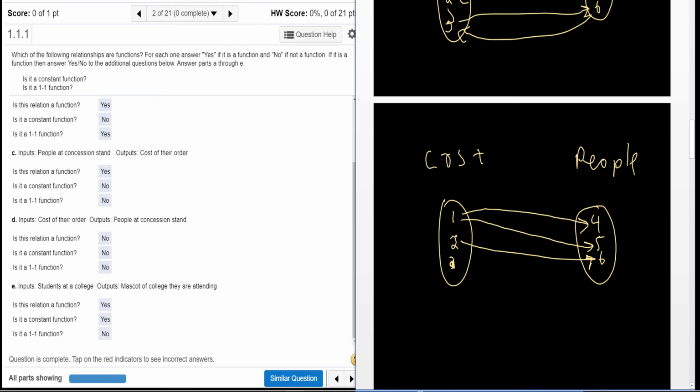It's not a function. It's not a constant function. Everybody didn't get the same thing. And is it a one-to-one function? It's not going to be a one-to-one function either, because if we map it back here, we have this 4 and the 5.